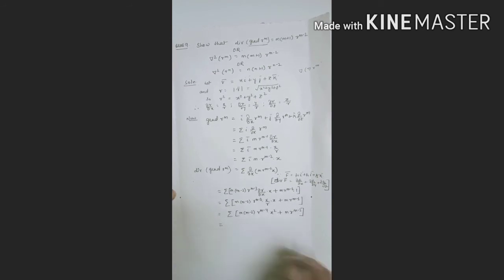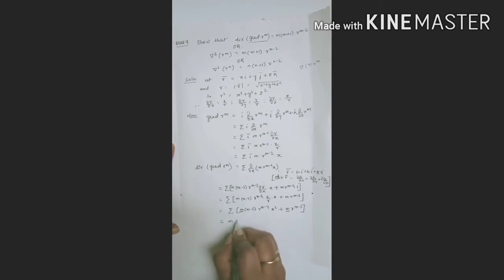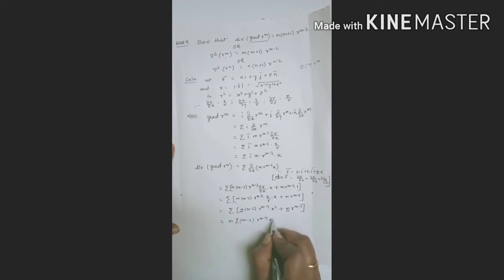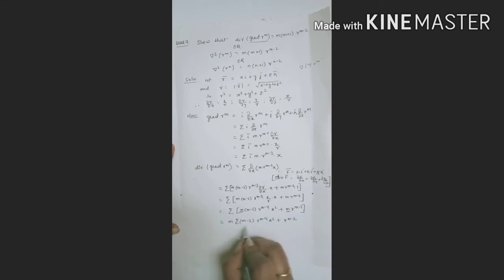So now see, in this summation, this term m is common, and it doesn't get involved with the summation because it is neither an i term nor an x term, so you can keep it outside. So m times the summation of m minus 2 r to the power m minus 4 x square plus r to the power m minus 2.